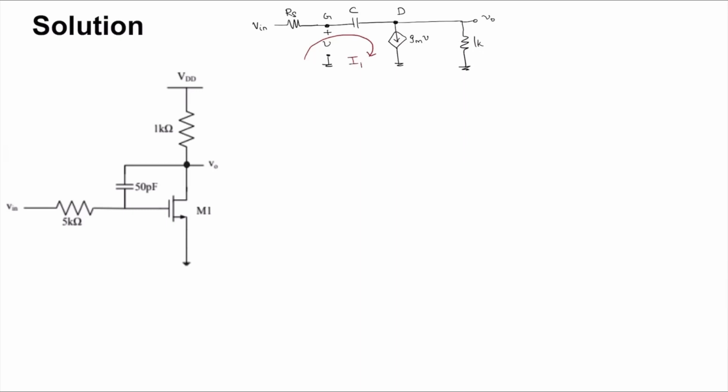First we define our loop currents I1, I2, and we leave our node voltages as is. Let's establish our relationships between the quantities. I1 is Vin minus V by Rs.